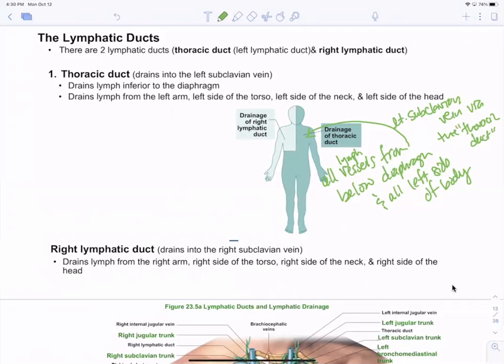So the thoracic duct is where all the lymphatic vessels are going to drain all the lymph fluid from below the diaphragm and the left side of the body.